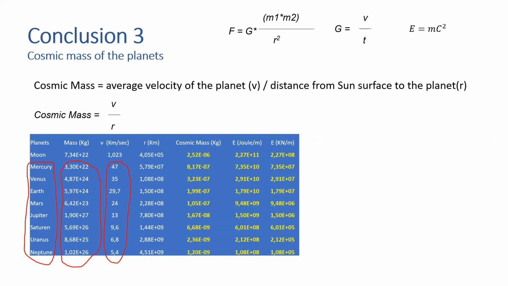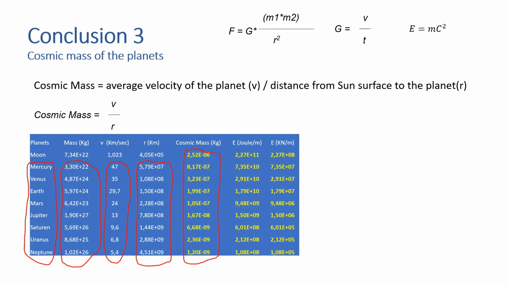Then we also have the distance from the sun for each planet, and we have calculated the cosmic mass of the planet in kilos, which you can see is a very, very little amount, in micron and micron parts of a kilo. That is negligible, and it also gives us an idea about the cosmic mass of the planet in the space.